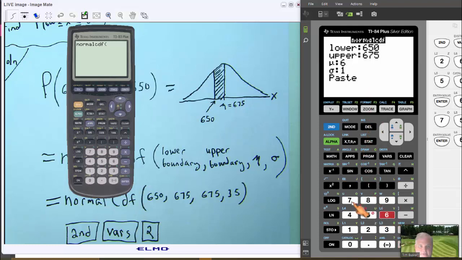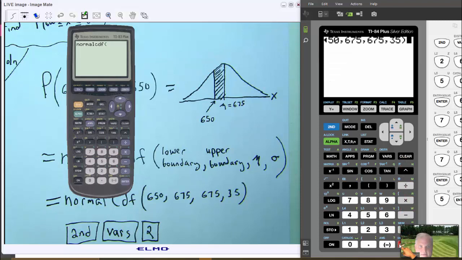So this is 675, hit enter, and 35. Now I'm going to paste. Now I'm pasting that normal CDF command to the calculator's home screen, along with the four input arguments that the program needs. When I hit the enter button, it gives me the probability.